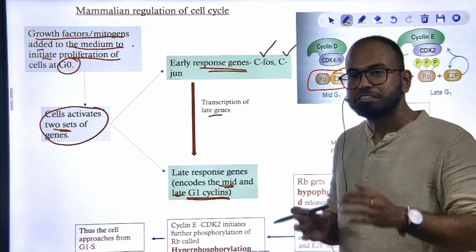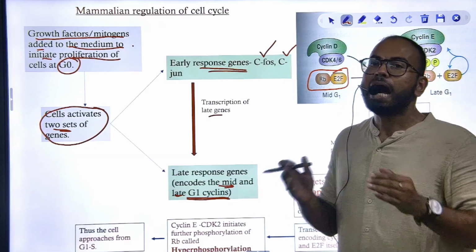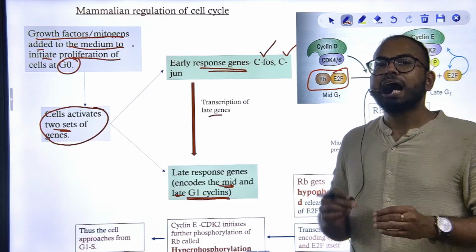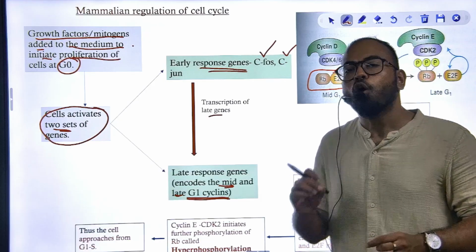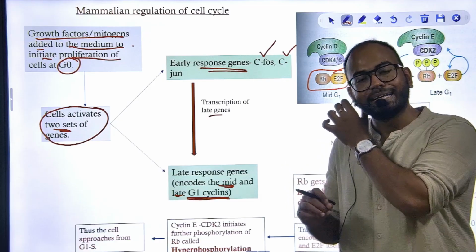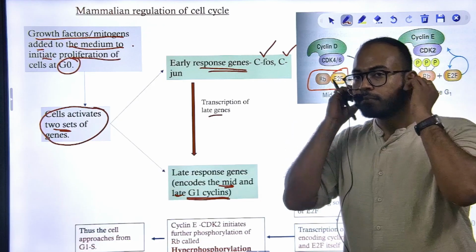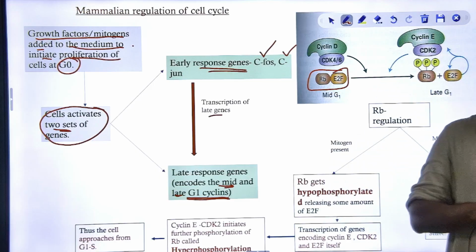So E2F is blocked by RB in its unphosphorylated or hypophosphorylated condition.